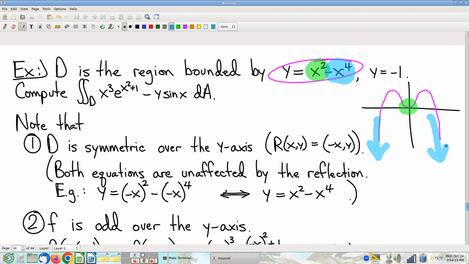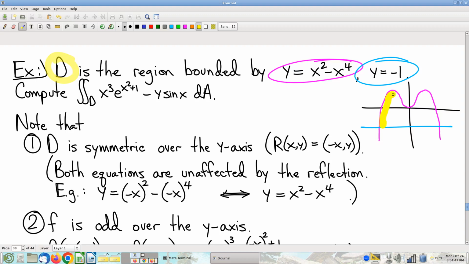So that's why it looks approximately like that. I hope that looks believable, familiar, some combination. Anyway, then we also have this curve, which is like that. So our actual region D is this thing that's bounded in between. Like that.